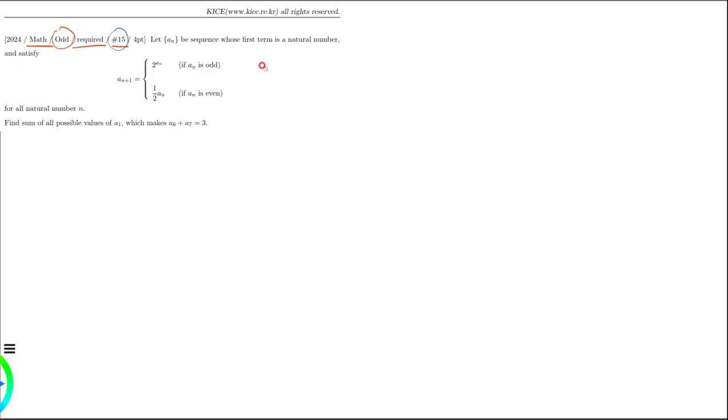Before I record this video, I tried to solve this problem several times, and eventually I realized that this is not so confusing actually if you grasp the basic rule of this recursive formula.